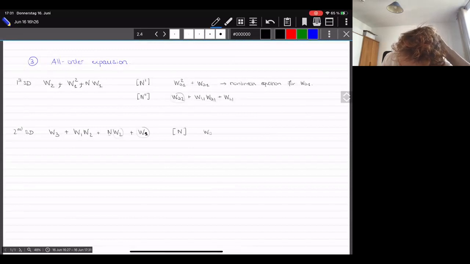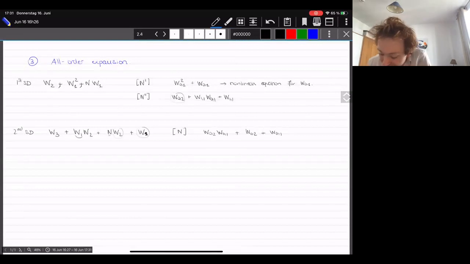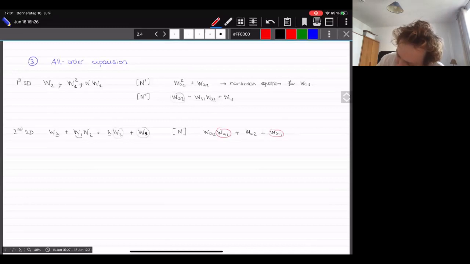So it's going to involve some W2 W01, some W02, and some W01. And the great thing here is that we already know W01, so we get a linear equation for W02, which is the thing we didn't know in the previous equation.